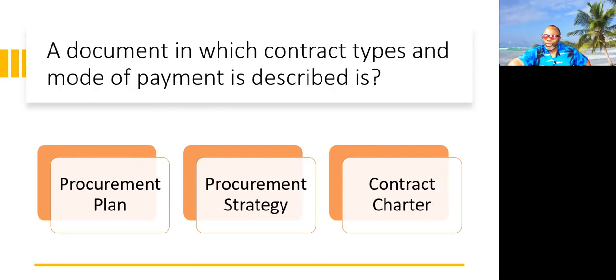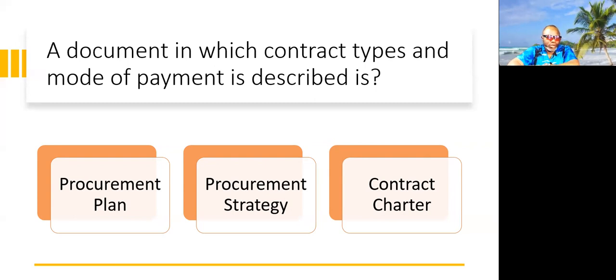A document in which contract types and mode of payment is described is what? Three, 2, and 1.